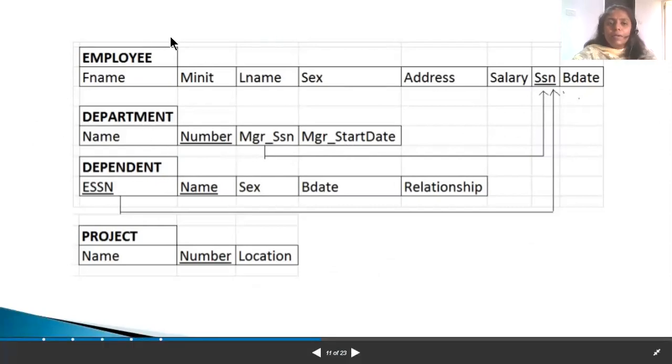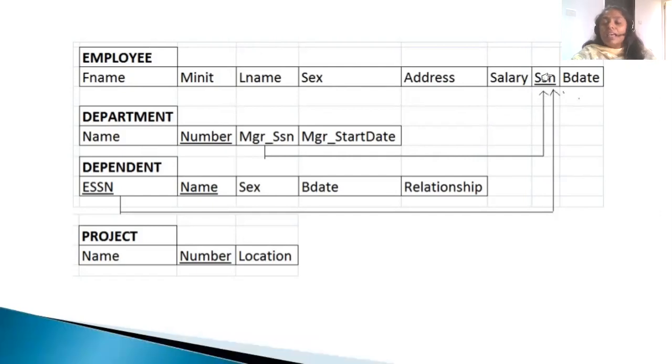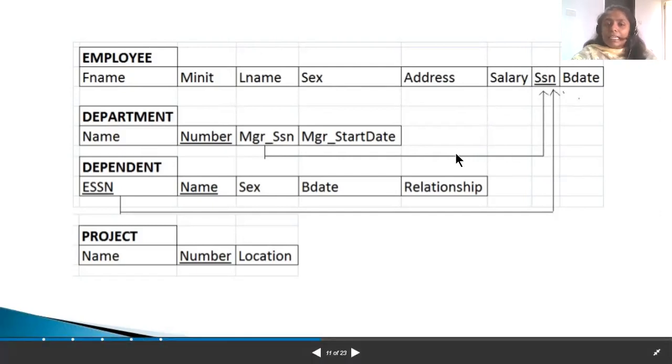In this example, employee is the first entity and department is the second entity. The employee table has the primary key SSN. That primary key will be taken into the department table as a foreign key. So it is written here as manager SSN.